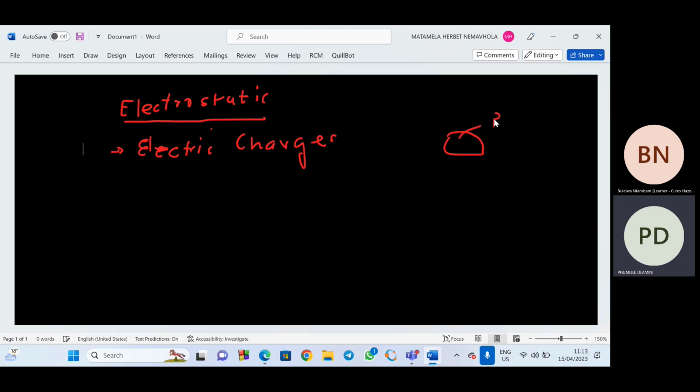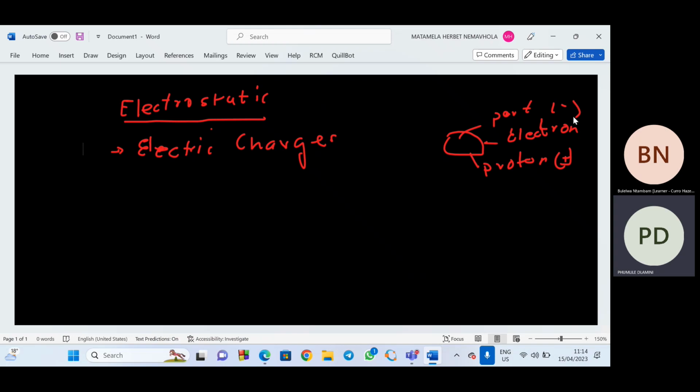In these particles it will have protons, and also electrons. Protons are positively charged, and electrons are negatively charged.